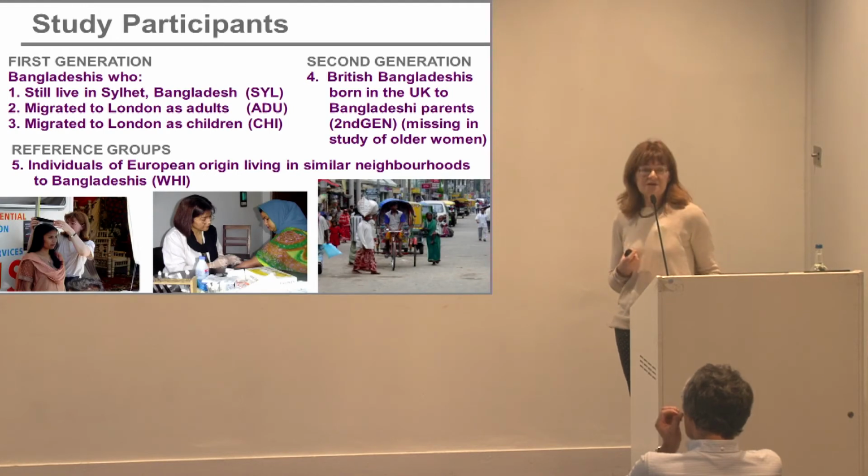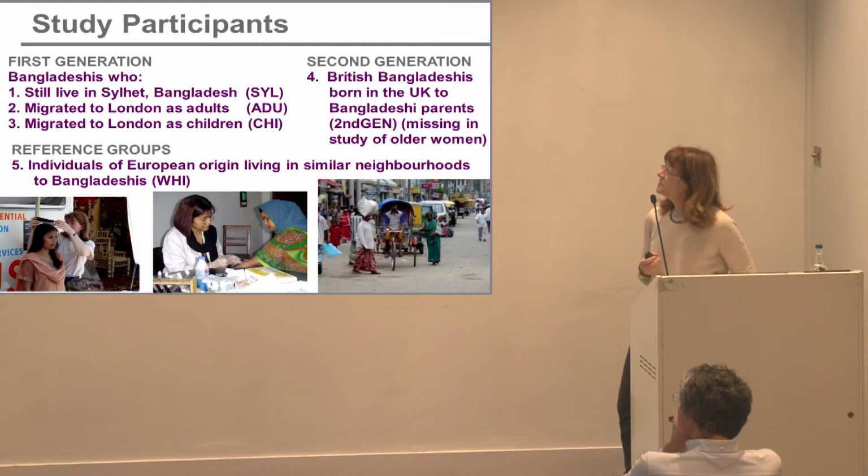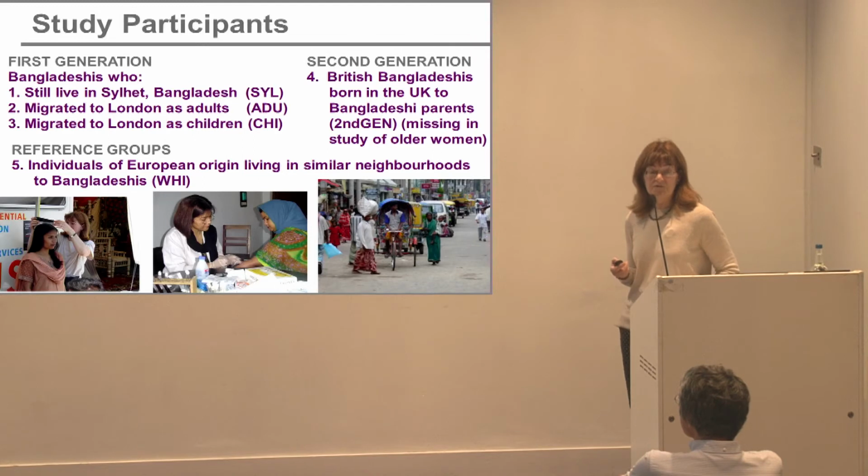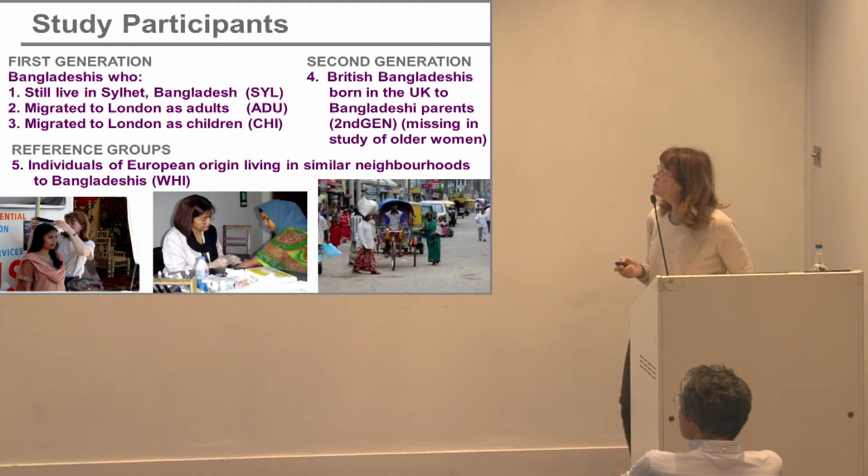So in terms of the study design, in almost every single one of the studies that we've done with Bangladeshis, we have multiple generations. For the first generation people, as I said, we went back to Bangladesh and looked at people still living in Sylhet. We look at adult migrants, and we classify these as people who migrated after puberty. In most cases, that's the age of 16, the last age at which we recorded puberty in people.